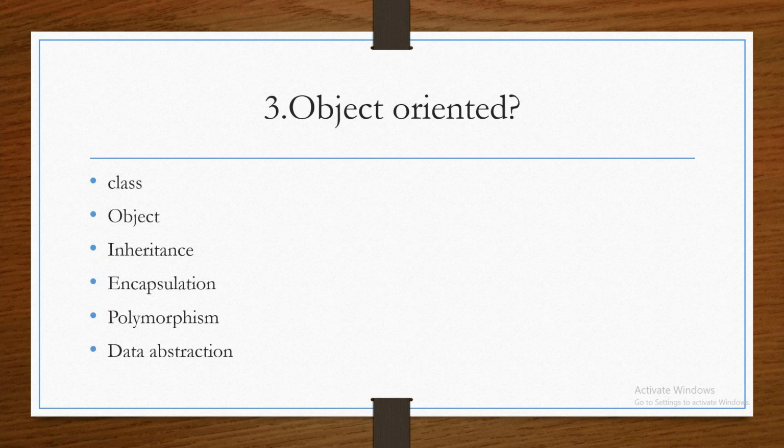Python, C Sharp, C++ are all object oriented too. We are going to discuss each and everything in detail.